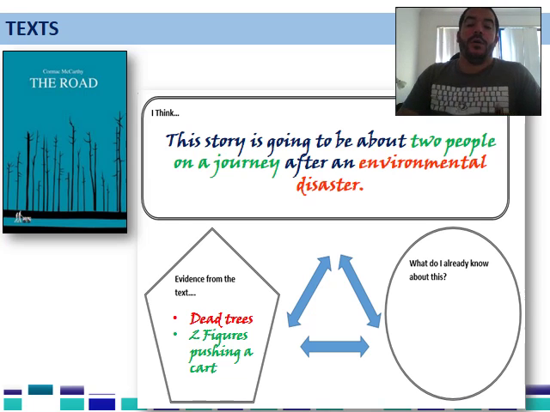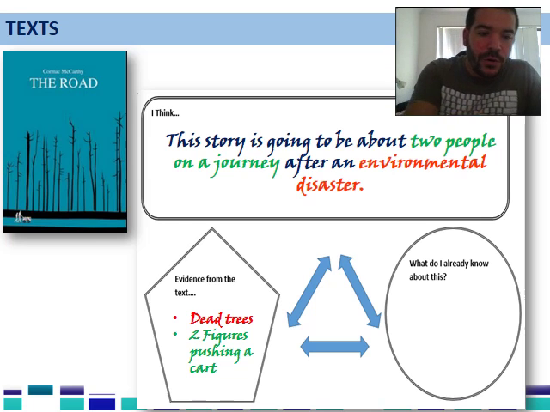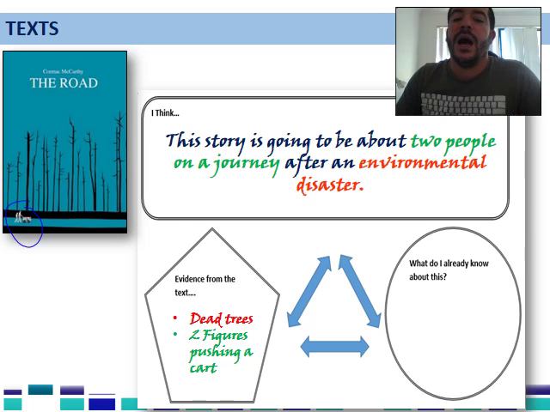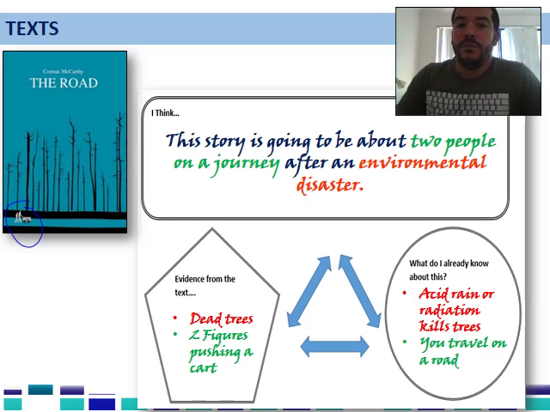Now, my own evidence from the text. You've got dead trees, skeleton-looking sort of dead trees. You've got two figures right down the very bottom, if you can just see them, and they're pushing a cart. They look very isolated, very alone. Now, I know from my prior knowledge that acid rain or radiation kills trees.